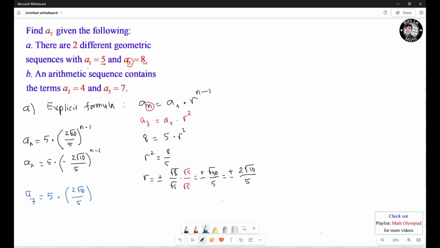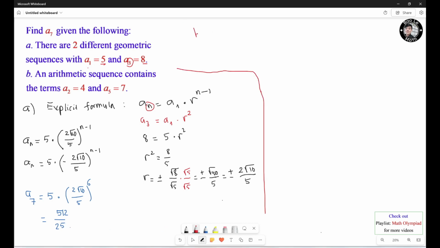Now 7 subtract 1 is going to be 6. So in this situation, it doesn't matter what sequence you're going to use. This guy is still positive because you raise to the even power. Alright, so the negative side is gone. Alright, so it's going to be 5, 12 over 25.